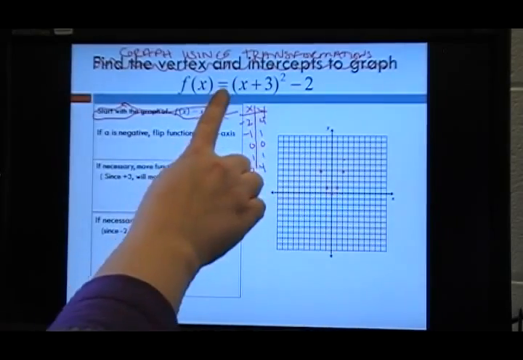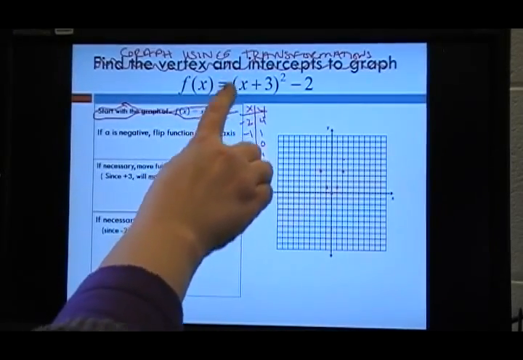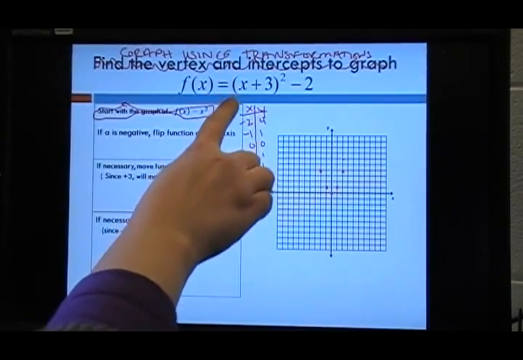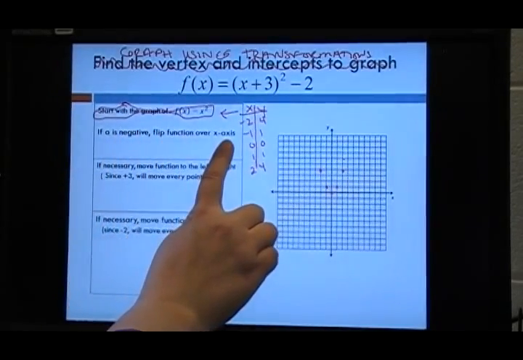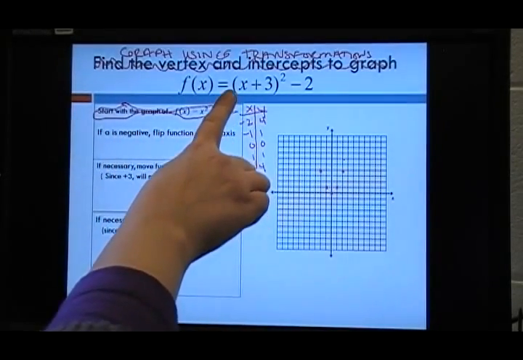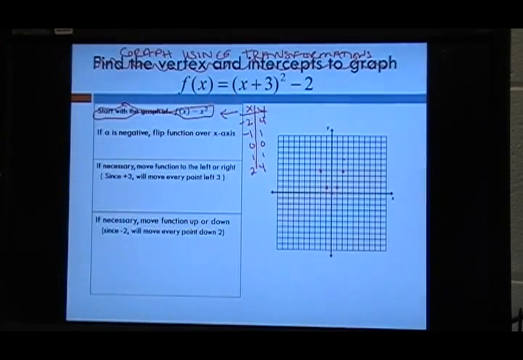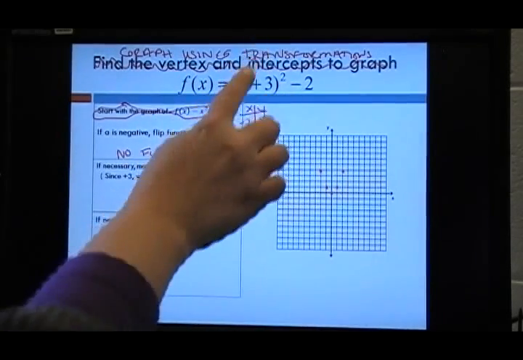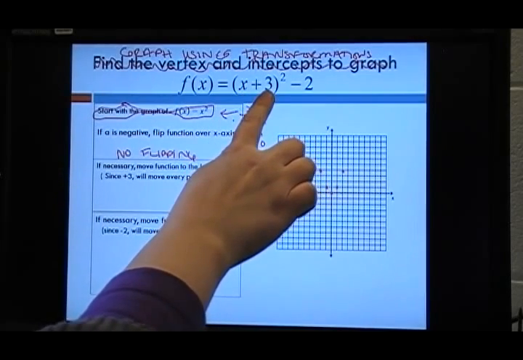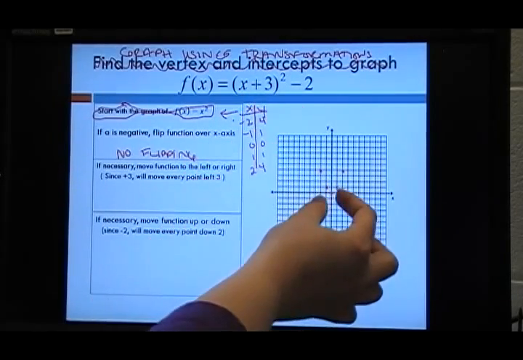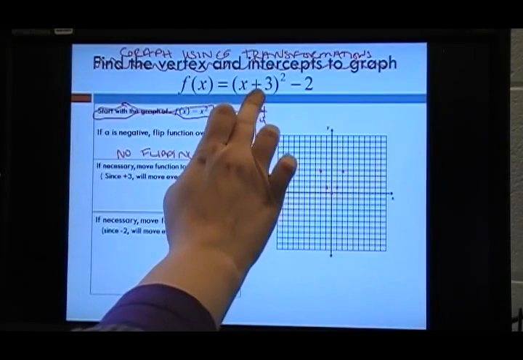Okay? So if you have a negative out front here, so if a is negative, you're going to flip it over the x-axis. A is not negative, so in this example, there will be no flipping. Okay? Then, if there's a number inside here with the x, you're going to have to take your basic and shift it to the left or to the right.